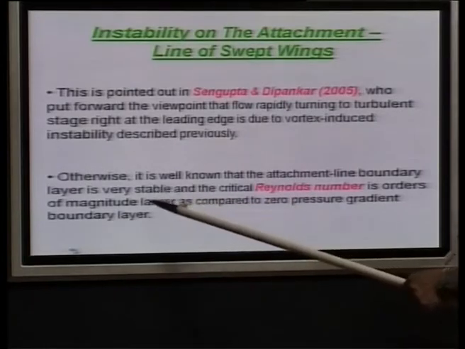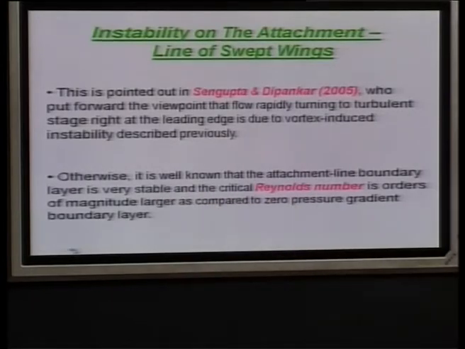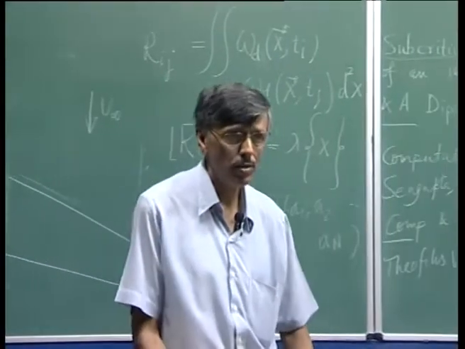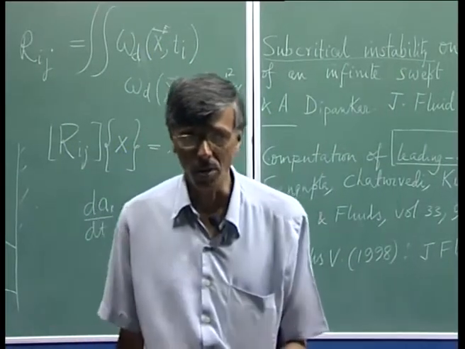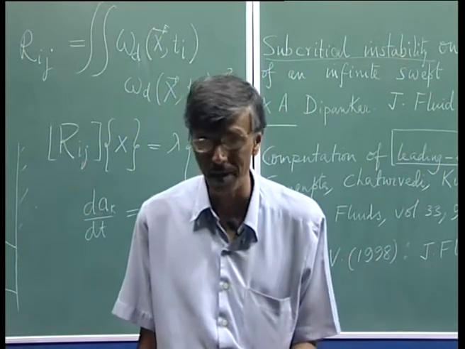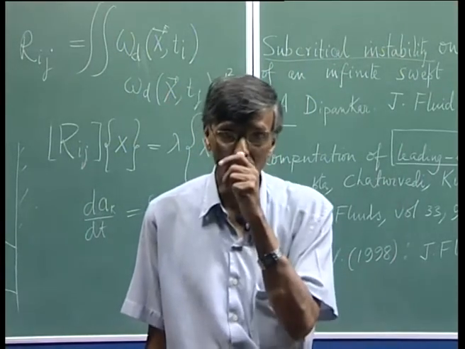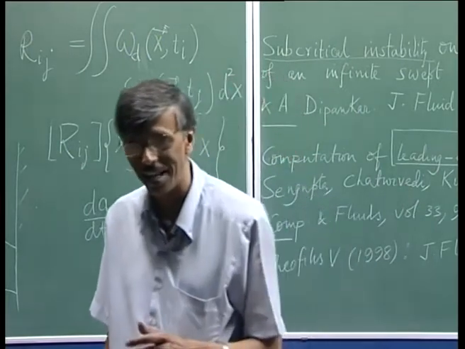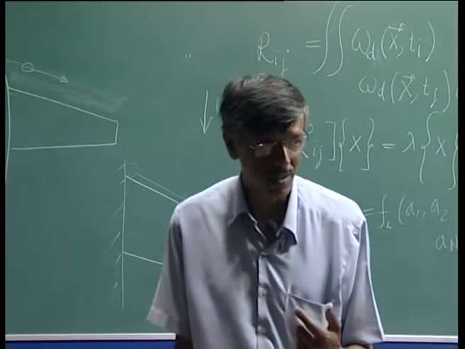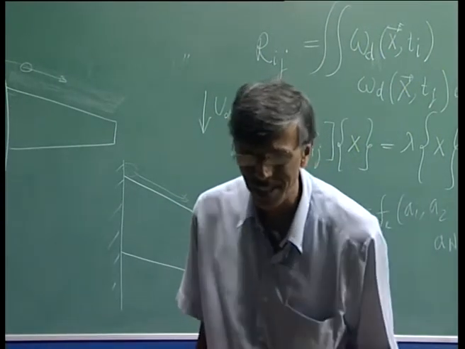We know that the attachment line boundary layer is very stable, and this observation that I make here is very crucial. You see, there are two things. In two dimensional flow, we have a stagnation point flow, the Hiemenz flow. For Hiemenz flow, the critical Reynolds number is something like greater than 10,000, whereas for zero pressure gradient boundary layer, it is 520.